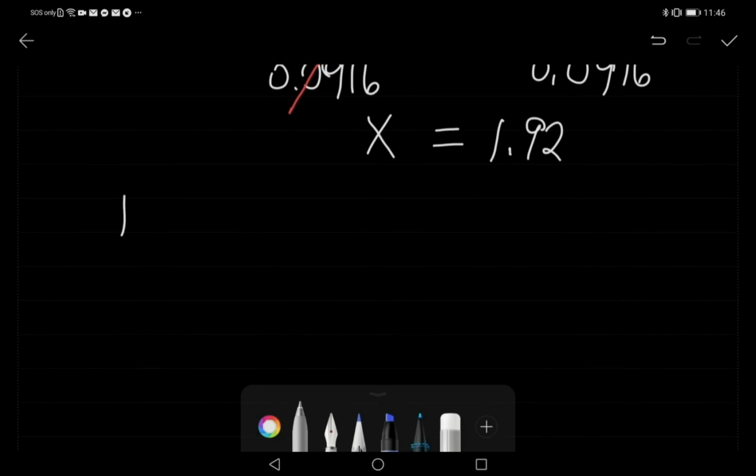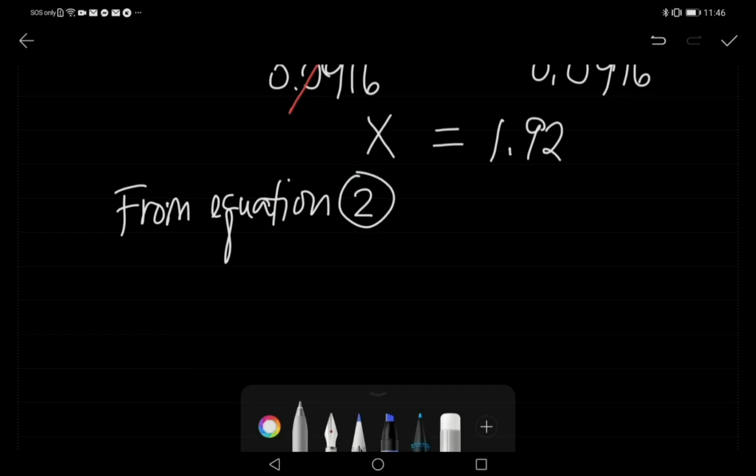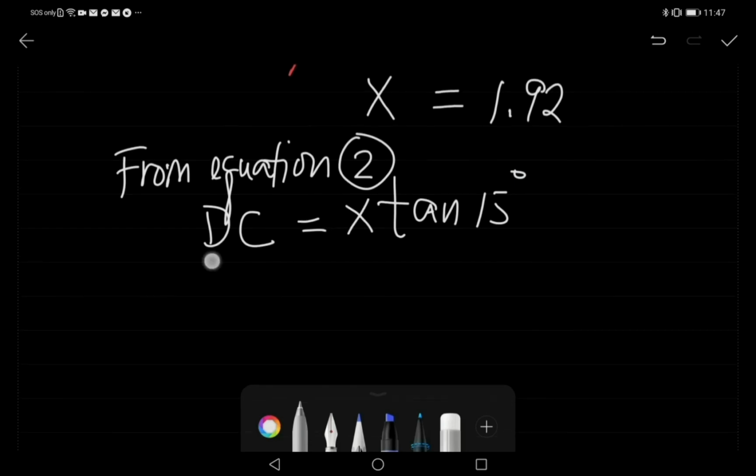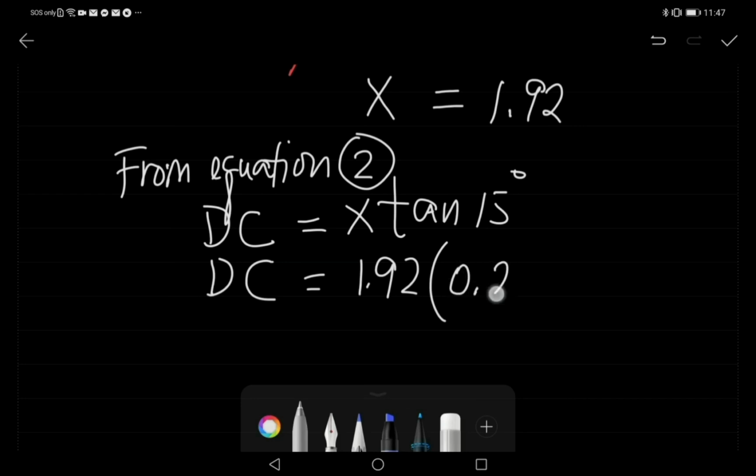So from equation 2, DC is equal to X tangent 15 degrees, and the value for X is 1.92 multiplied by the value for tangent 15 degrees, which is 0.2679.